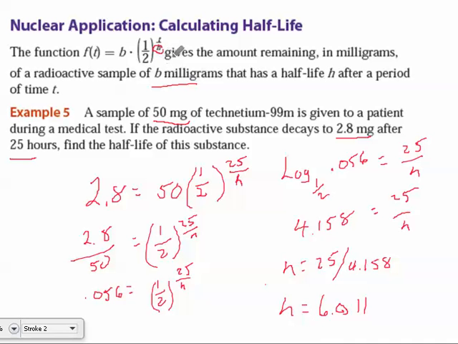That's the half-life, and since my t was in hours, this is going to be in hours too. 6.011 hours. That's what I would say the half-life of Technetium-99m is. Cool? That's how you can work that out.